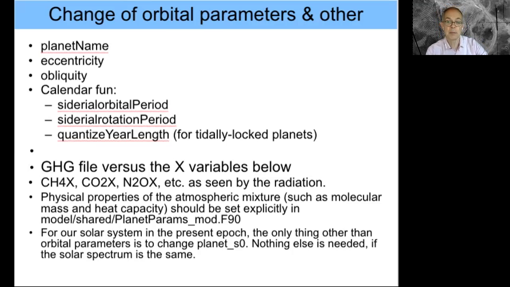And as I said a little bit before, you can change the physical properties of your world and the atmospheric mixture. So if you change, for example, how much CO2 you have versus CH4 versus N2 versus O2, then you need to make sure that you calculate what the mean molecular weight and the heat capacity of that atmosphere is. And that should be, as I say here, set explicitly in your model/shared/planet_params_mod.f90 file.